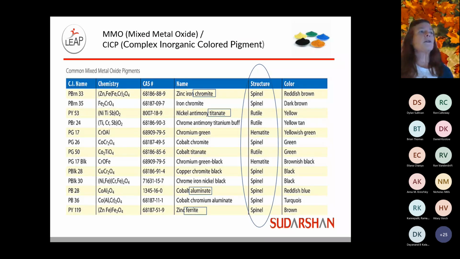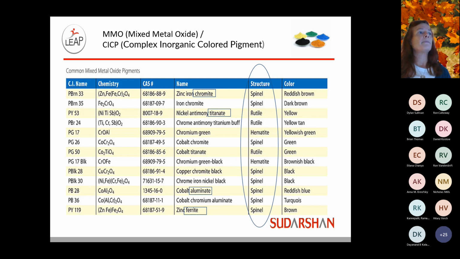This chart here has a lot of information in it of some general common CICPs that are being used. It provides the color index name, the actual chemistry of the structure, its name, and the structure category. Again, the spinels, rutiles, and hematites.